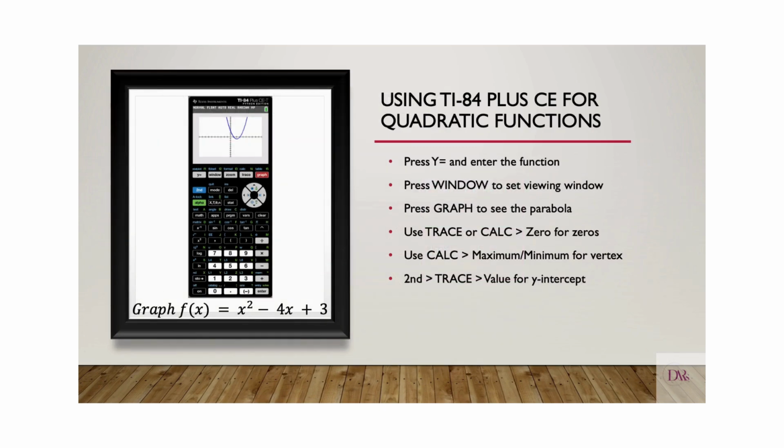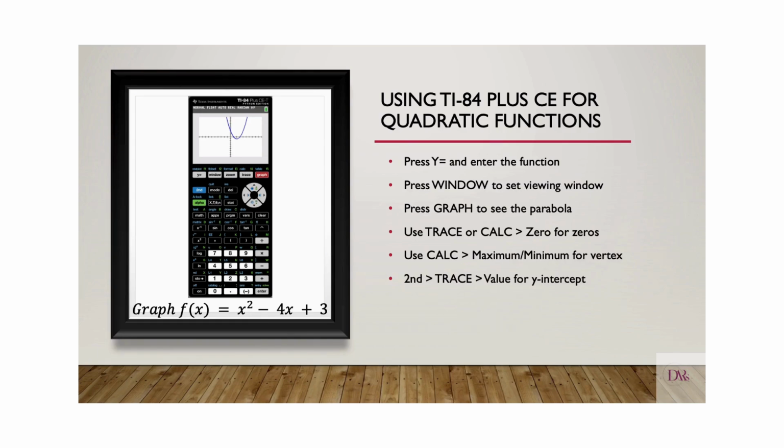Now here's a recap of using your TI-84 Plus for quadratic functions. If you want to see the graph, you press Y= and enter the function. Here I have an example of f(x) = x² - 4x + 3. You can press Window to set the viewing window to make sure you can see the graph in its entirety.